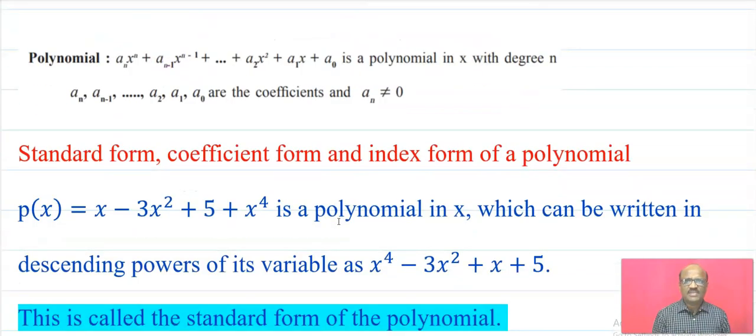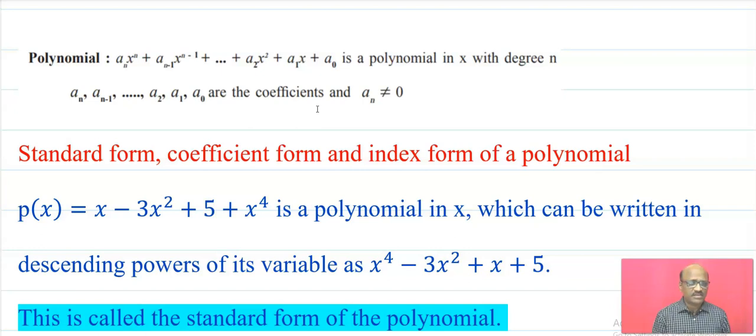Now next, the definition of the polynomial. What is the definition? a_n x raised to n plus a_(n-1) x raised to n minus 1 plus ... plus a_2 x raised to 2 plus a_1 x raised to 1 plus a_0 is a polynomial in x with degree n, where a_(n-1), ..., a_2, a_1, a_0 are the coefficients.